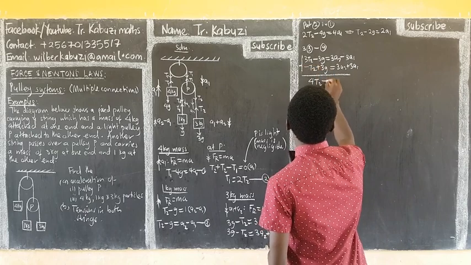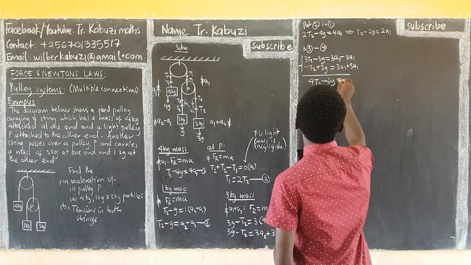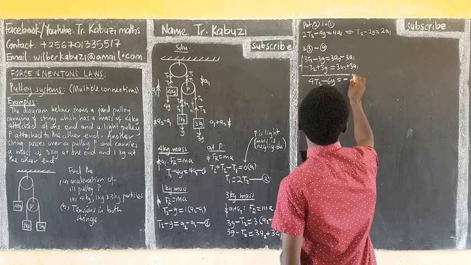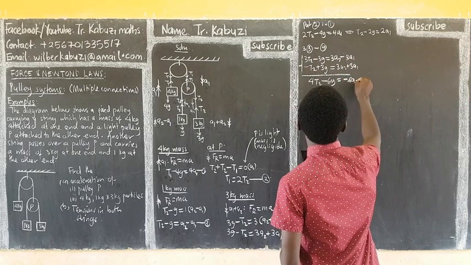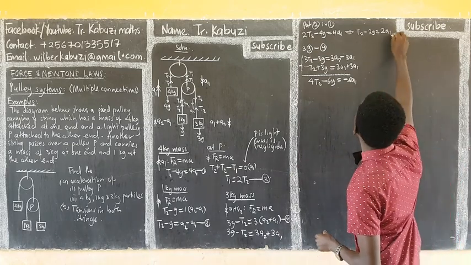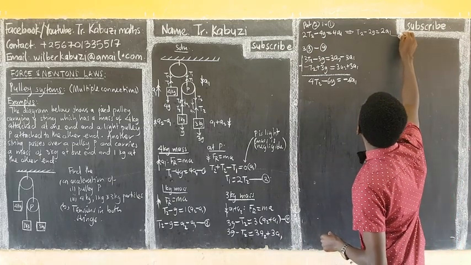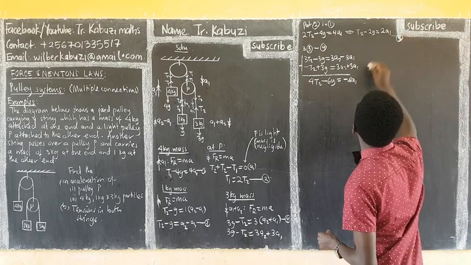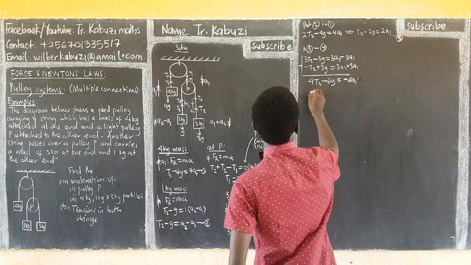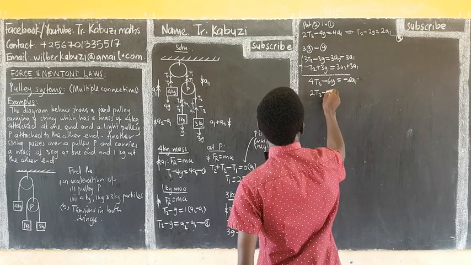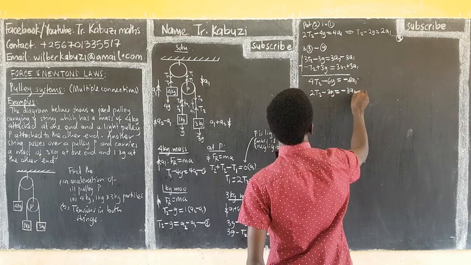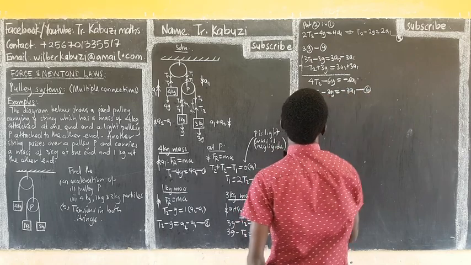This minus this, we get minus 6g. This minus this, it will vanish. Then this minus this, we get minus 6A1. This was our equation 5. We can easily divide it through by 2: T2 minus 3g equaling negative 3A1. This one becomes equation 6.